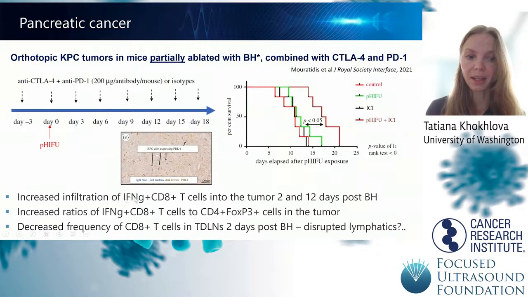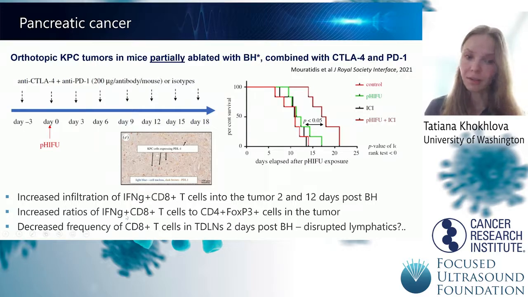effect. And what they saw was that interferon gamma producing CD8 T cells were increasingly infiltrating into the tumor 2 and 12 days post ablation. And the immunosuppression was not increased, at least by boiling histotripsy.